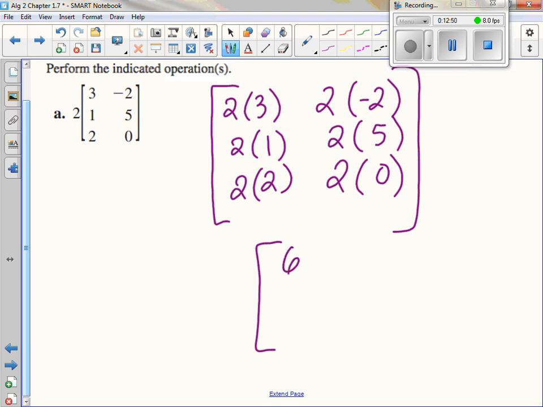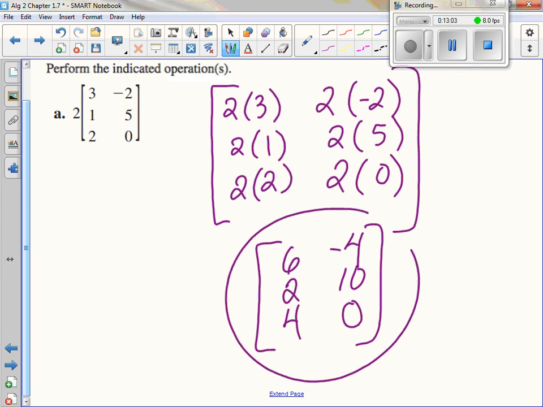It's 6. 2 times negative 2 is negative 4. 2 times 1 is? 2 times 5 is? 2 times 2 is? And 2 times 0 is? Questions on this here?